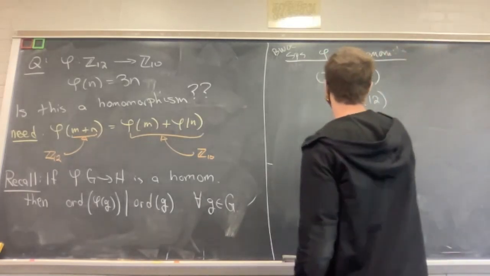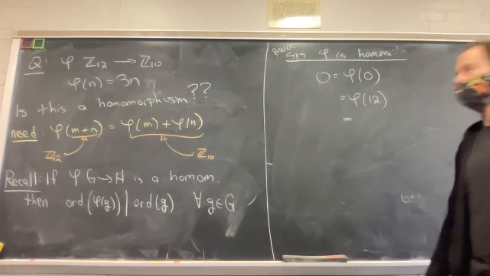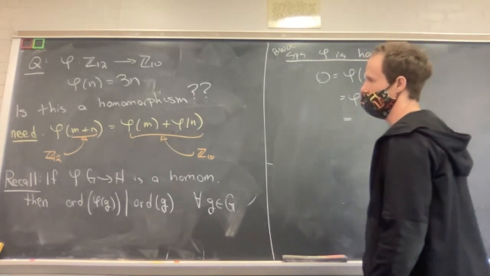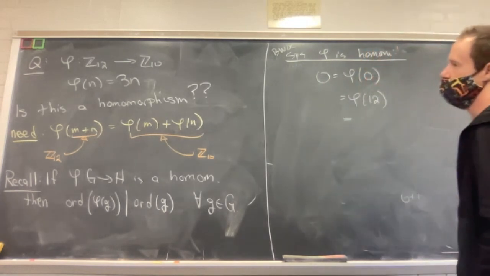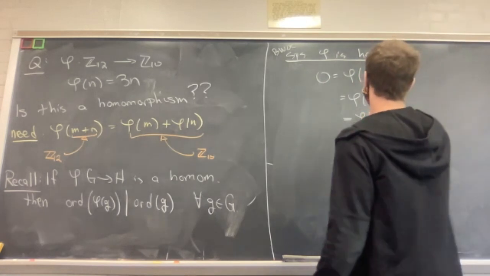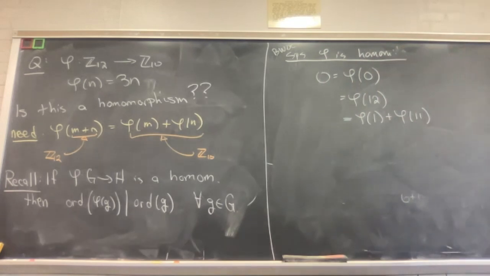But now we can split this apart into pieces pretty much any way that we want. Let's split it up like this: phi of 1 plus phi of 11.